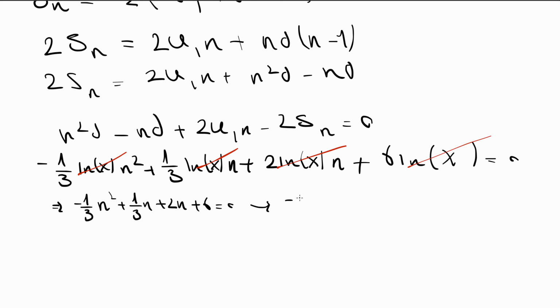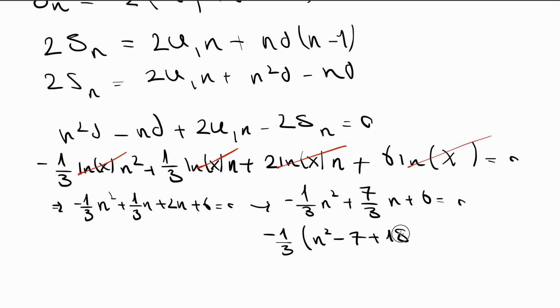And negative 1 over 3 n squared, 1 over 3 plus 2 is 7 over 3 n, plus 6 equal to 0, and you can factor out the negative 1 over 3. It's going to be n squared minus 7n minus 18.